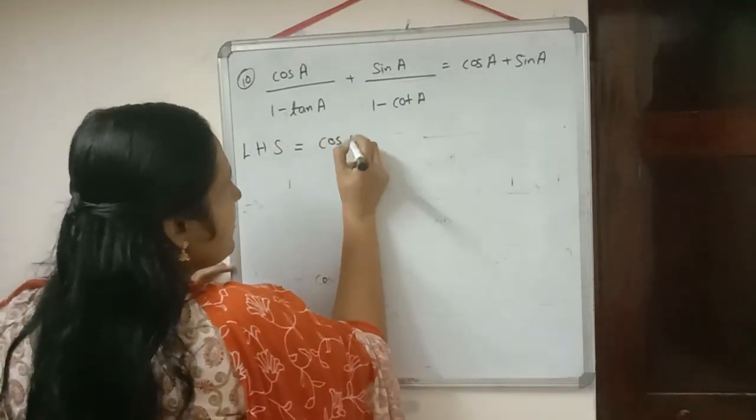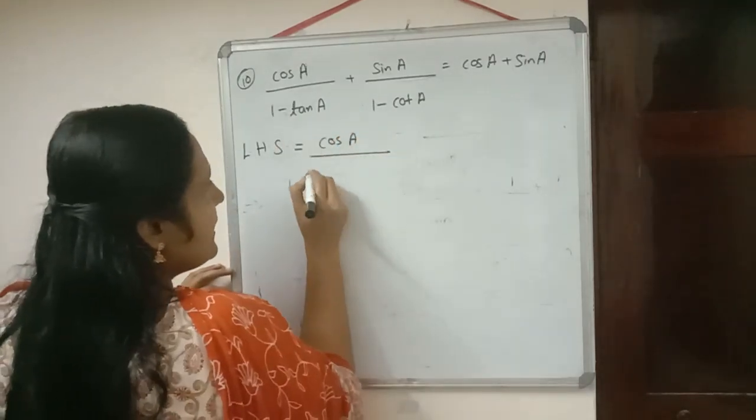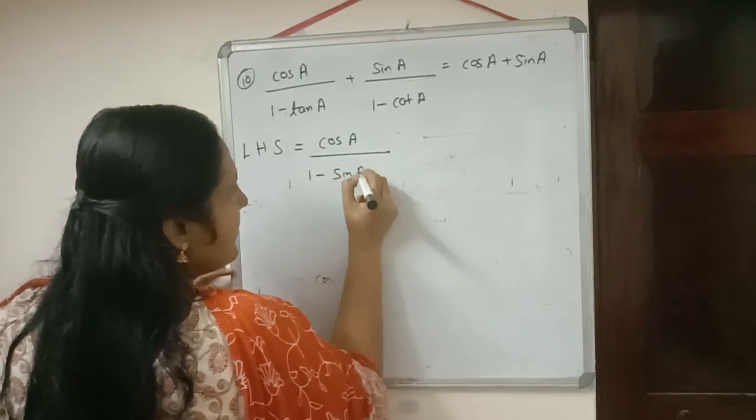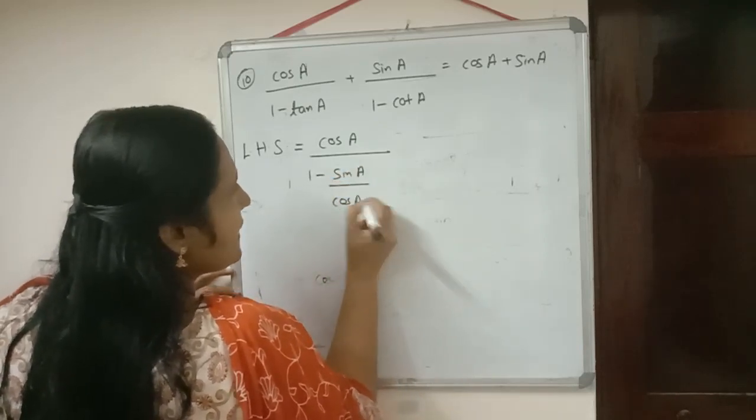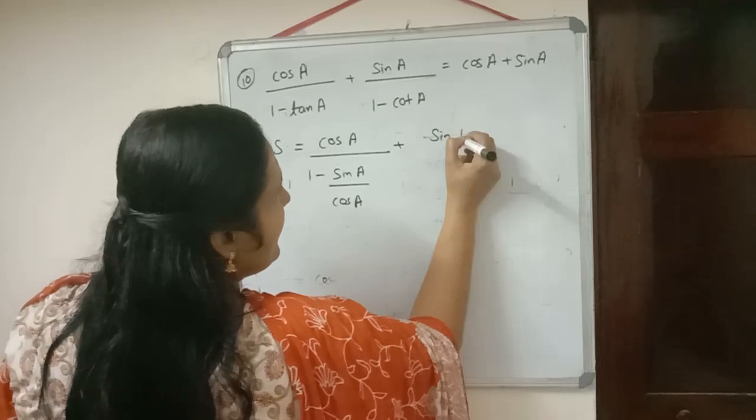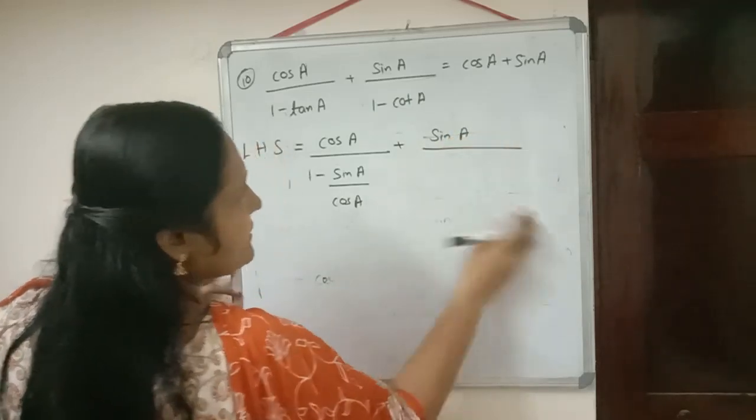So here we will write cos A as it is. Tan A can be written as sin A by cos A.